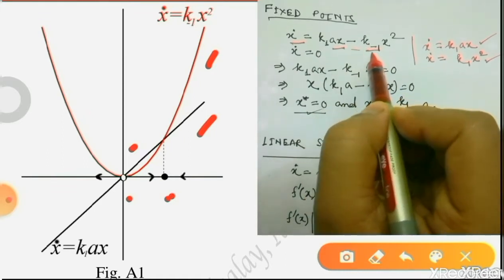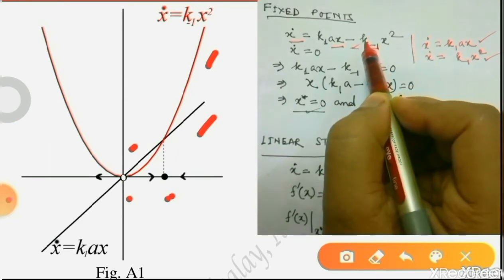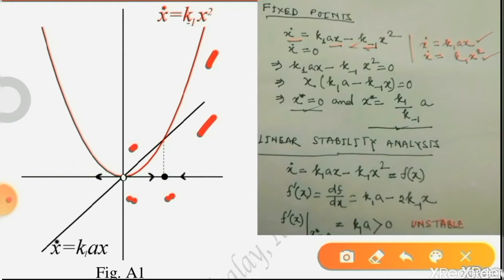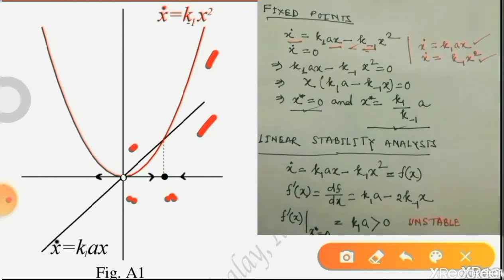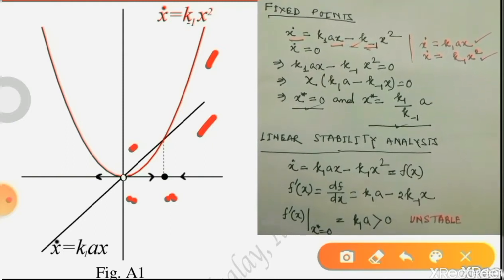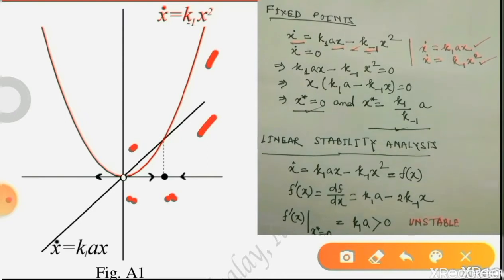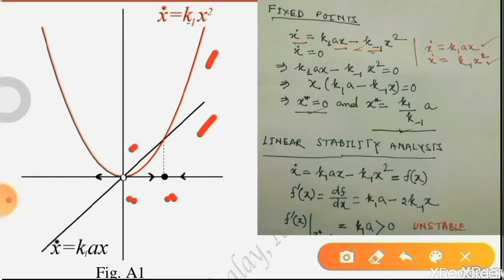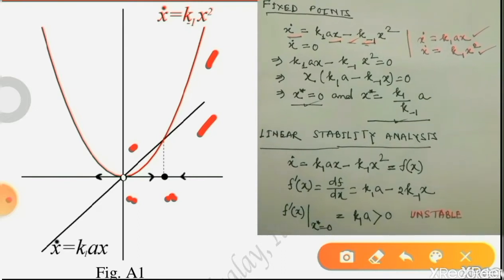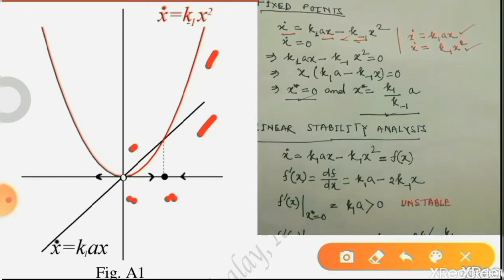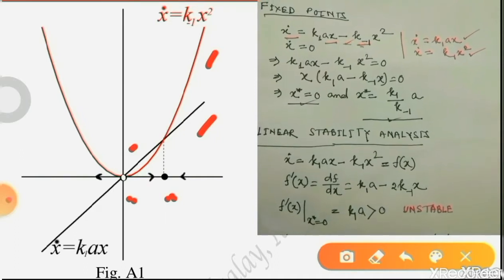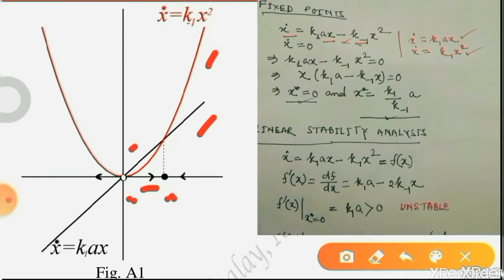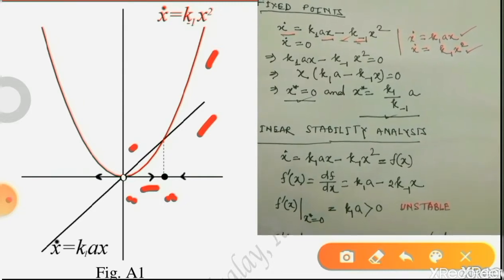That is, due to this negative sign, in between these 2 fixed points, as the straight line lies above the parabola, x dot has a positive value in this part. So, as x dot is positive, it will be towards the right direction. This is why this arrow is pointed towards the right side.